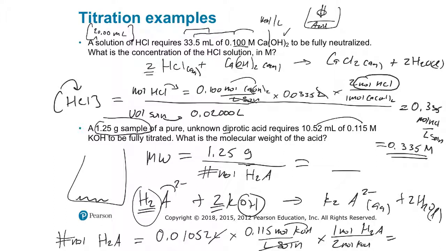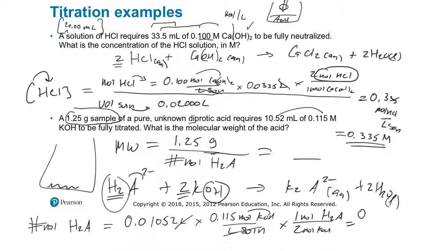And then we can calculate. So go 0.01052 times 0.115 divide by 2. So that works out to be 0.0006049, 3 sig figs, moles of the acid.